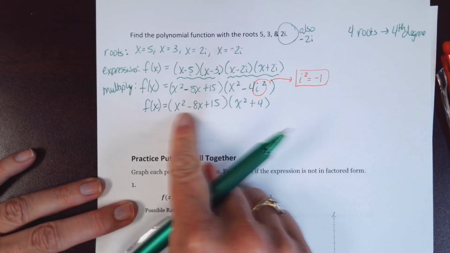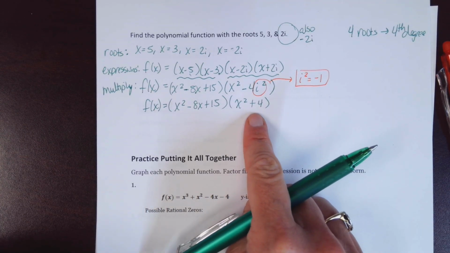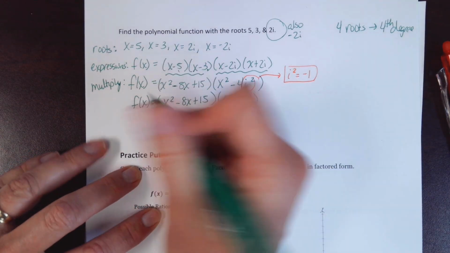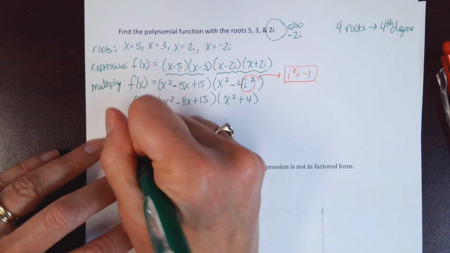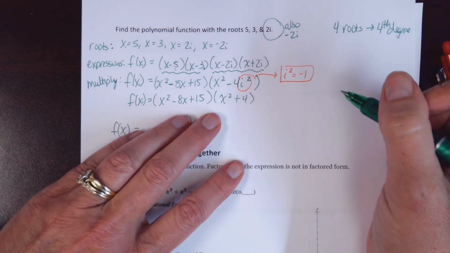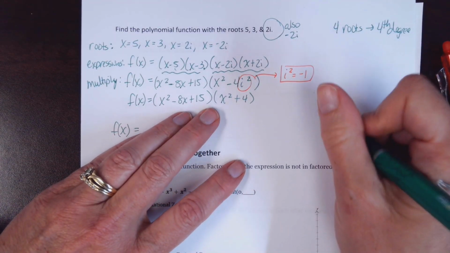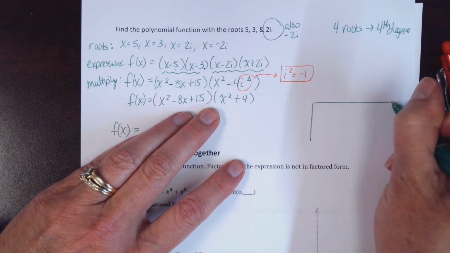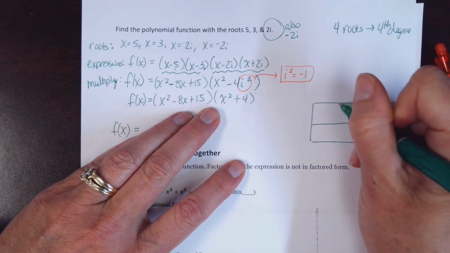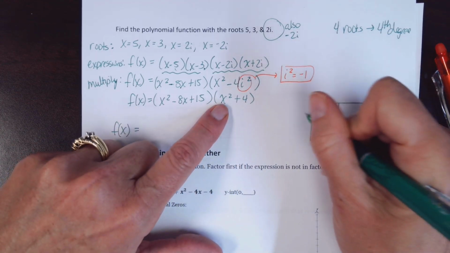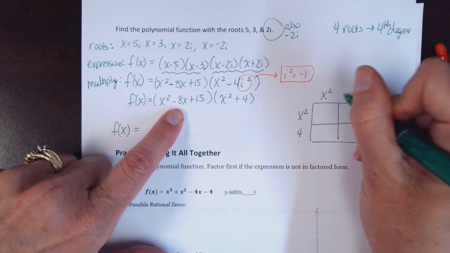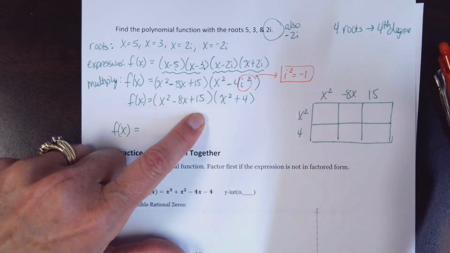So now I need to multiply this trinomial times a binomial. You can do this different ways. Any way that you successfully have done it in the past, had an instructor that showed you how to do it that way, whatever works. When I have a trinomial times a binomial or anything larger, I tend to set up a grid. This is going to be a 2 by 3 grid. I'm multiplying x squared plus 4 times x squared minus 8x plus 15.